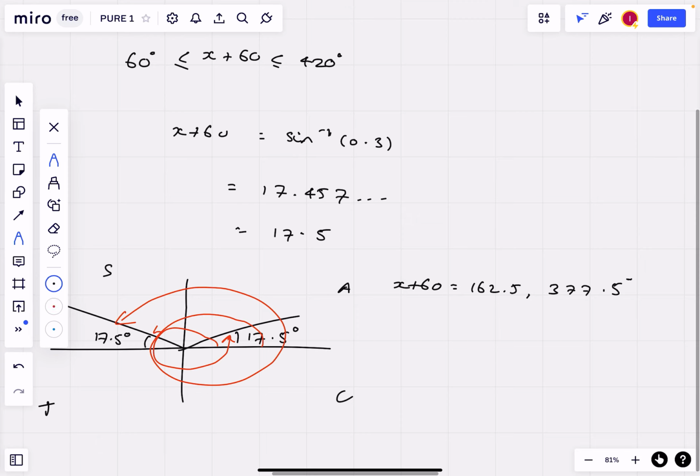So our only two values are 162.5 and 377.5. Now you apply your inverse. Now you minus 60 from both of them. So 102.5 and 317.5. Those are your two answers.